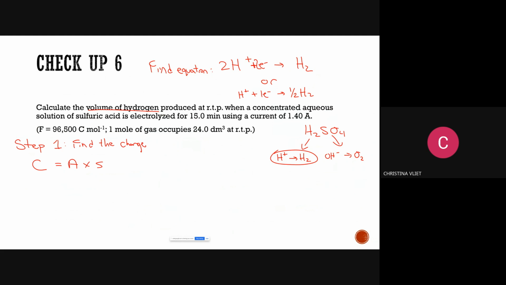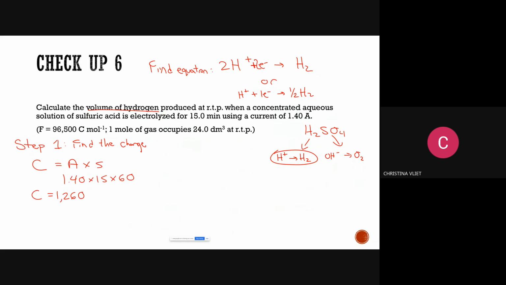My amps are 1.4, and my seconds are 15 times 60. Are we good with that? So then I get from this 1,260 coulombs. That's how much charge has been carried by however many electrons we've used.